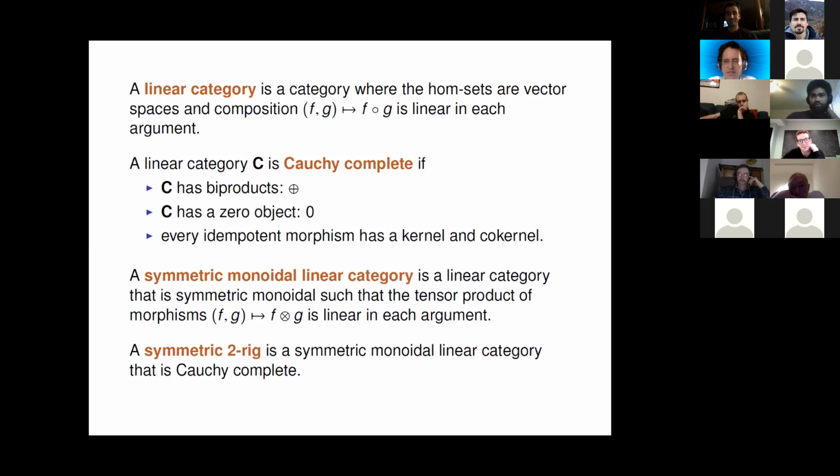Great question. Yeah, that's actually something that a step in our proof is that we showed. I'll slowly answer your question, but the first thing is yes. This free tworig on one generator, we show that it represents something, and it represents the underlying linear category.